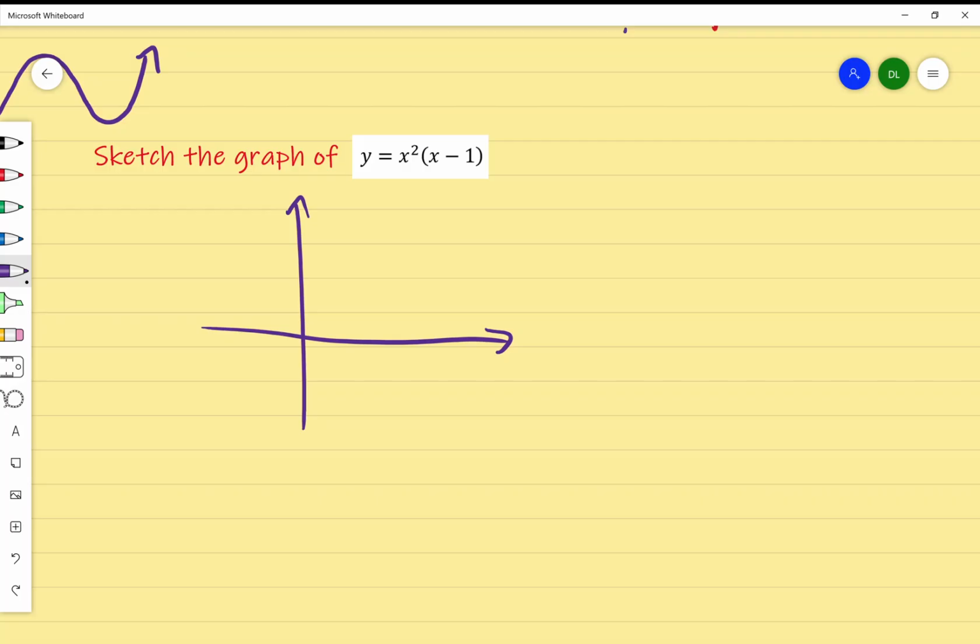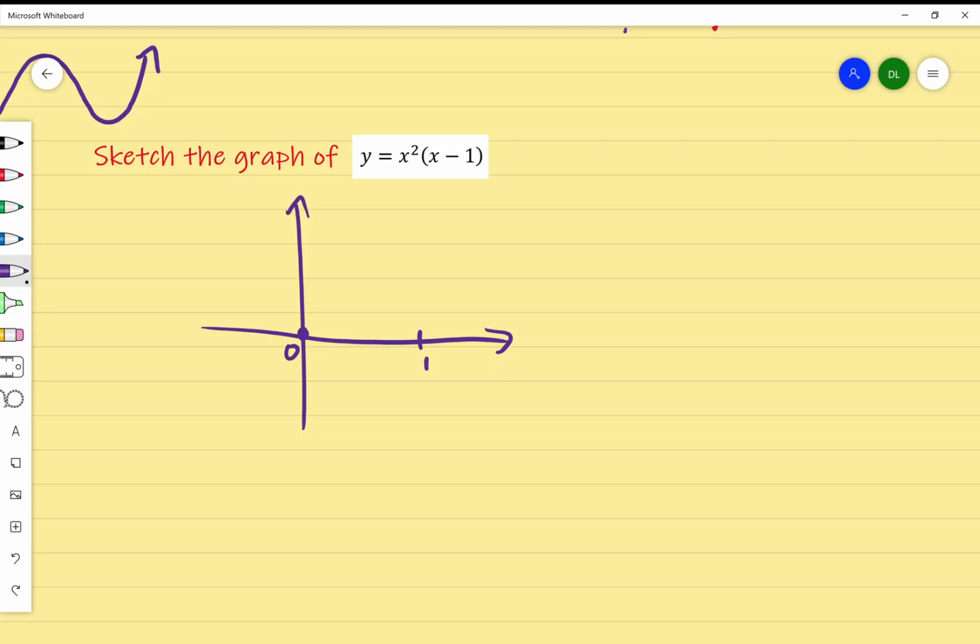Using null factor theorem, can you tell me straight up what my x values are? 0 and +1. We know it's 0 because if I use null factor theorem, ignore x minus 1, we get y equals x squared, which we know to be just 0 as an x coordinate. So from there, I've got that.